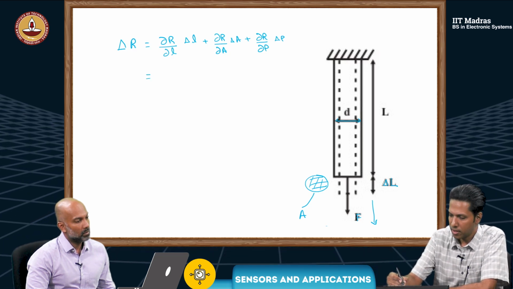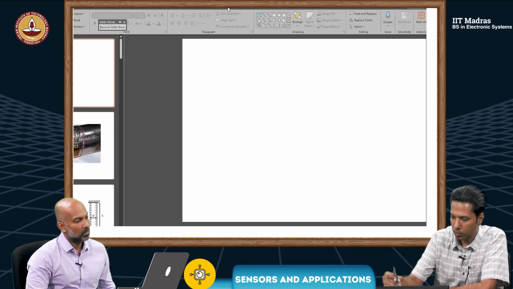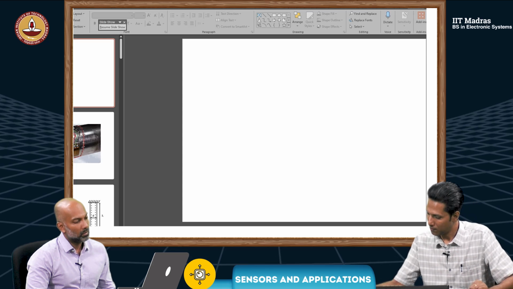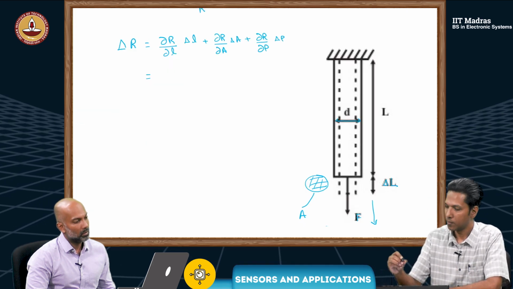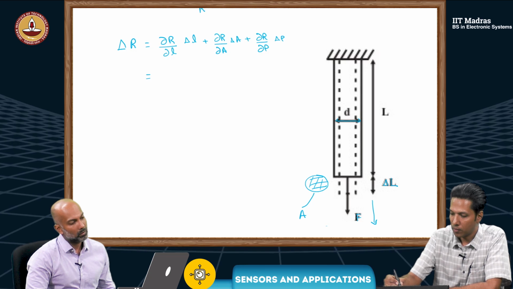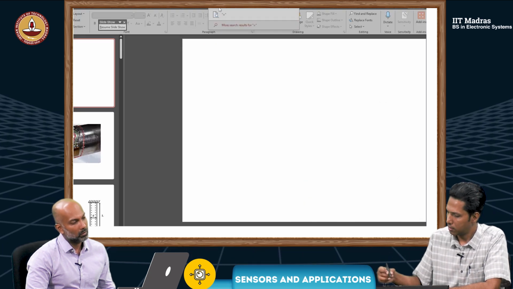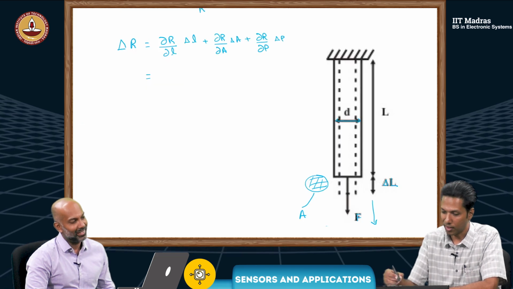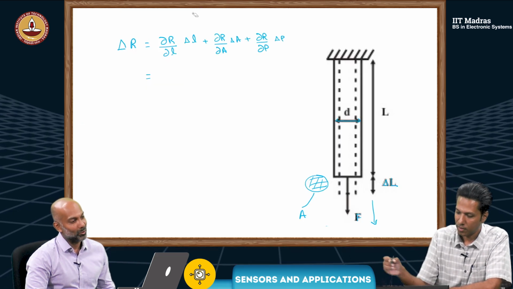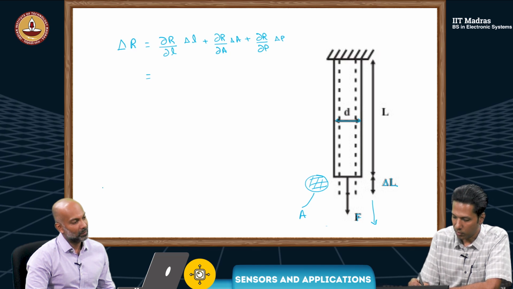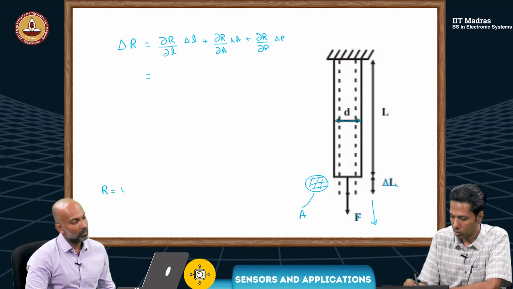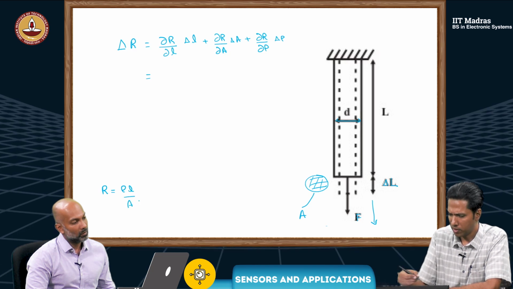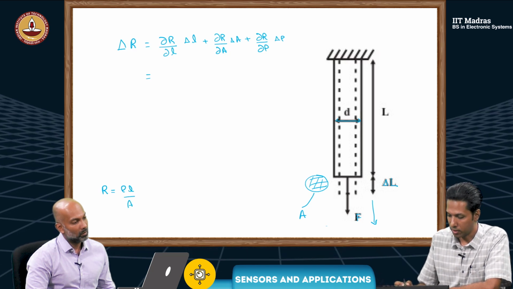And resistance, earlier we said it is rho L by A. Somehow it doesn't like writing in that portion. Maybe it's too close to the top. So we'll write here R is equal to rho L by A. So maybe we'll just differentiate and see.